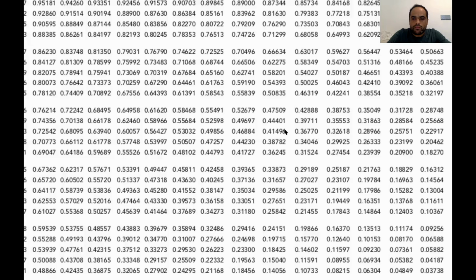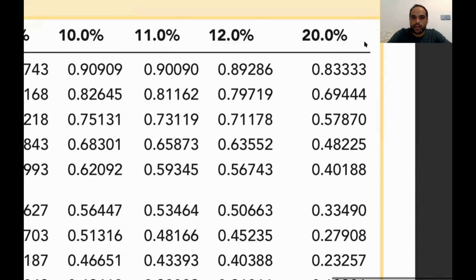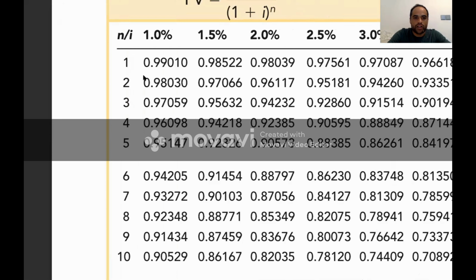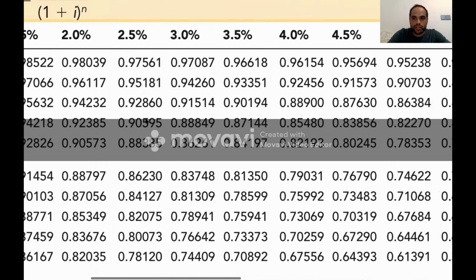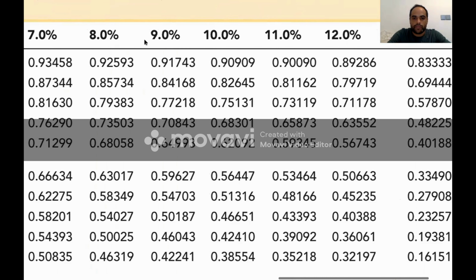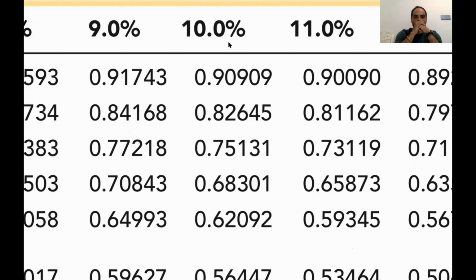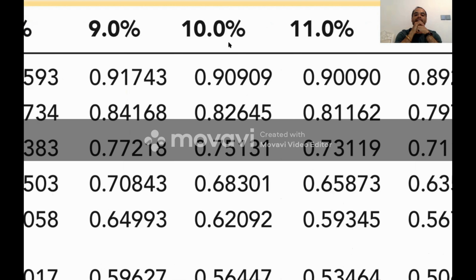Rate is 10, you can see 10%, right? And time is here. So 1, 2, 3, 4. So 4 years, right? So here, 10%. So the first year, the value is 0.909. Second year, the table value is 0.826.